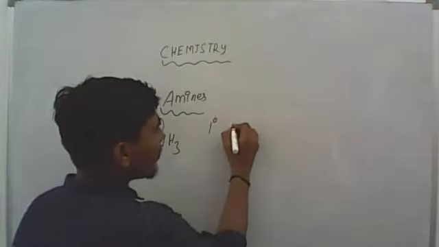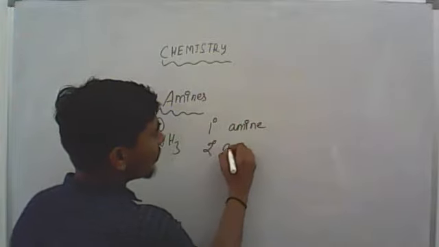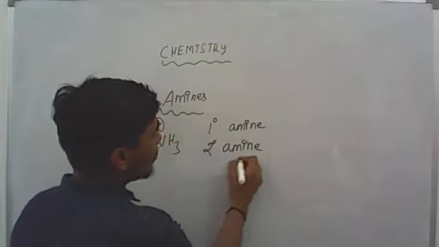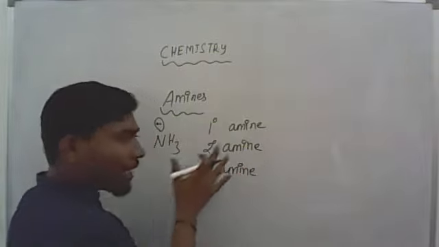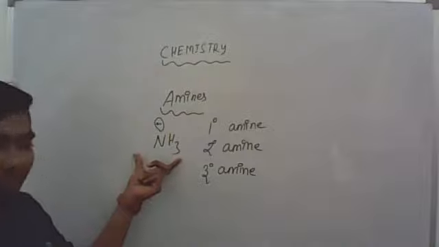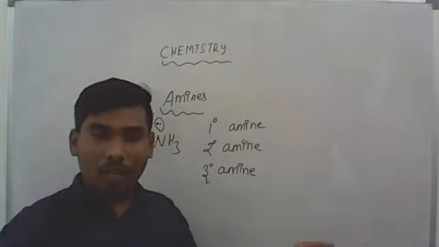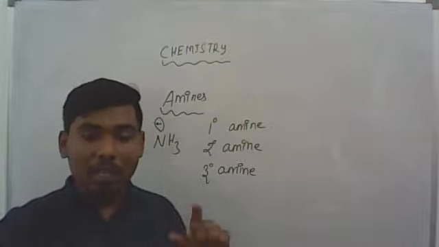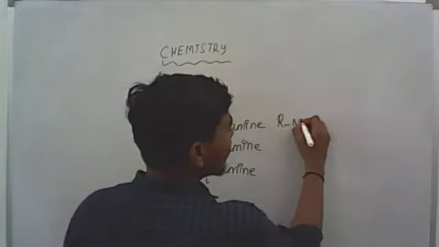First one is a primary amine, then secondary amine and tertiary amine. How do we get a primary amine? One of the hydrogens is replaced by an ethyl, methyl, or any other alkyl group or aryl group. We get a primary amine. Take an example, NH2.